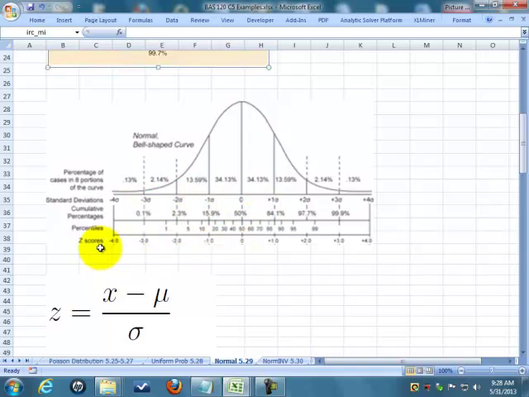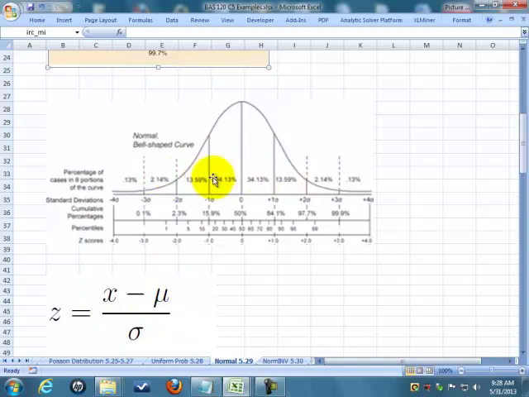Now, just to keep me honest, you see them all there. And a z-score is nothing more than a standardization, taking our x minus our average, divided by the standard deviation. So notice 1 standard deviation to the left is a z-score of -1, 1 standard deviation to the right is a z-score of 1, etc. So a z-score is just a standardization on the normal curve, taking whatever value we have and subtracting it from the mean.